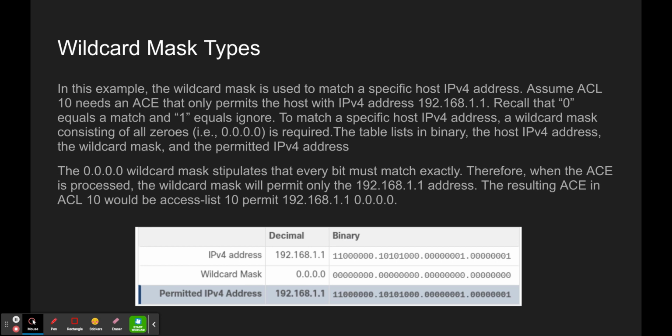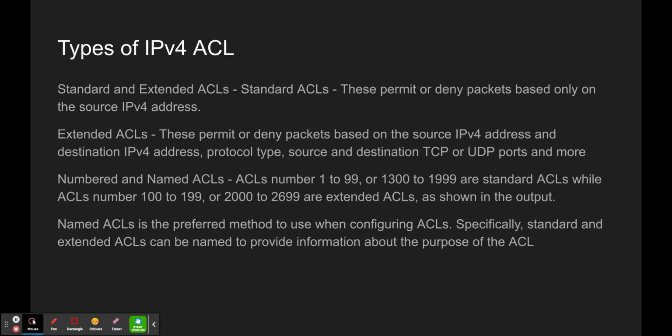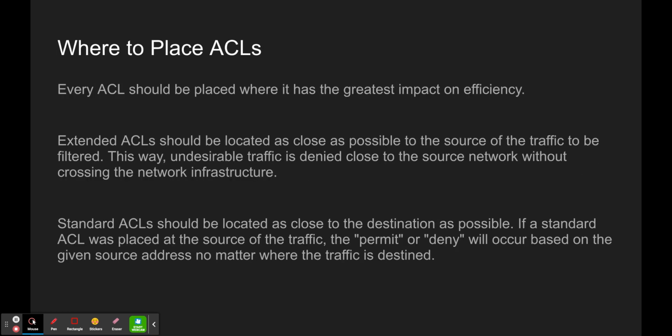The 0.0.0.0 wildcard mask stipulates that every bit must match exactly. Therefore, when the ACE is processed, the wildcard mask will permit only the 192.168.1.1 address. The resulting ACE in ACL 10 would be access-list 10 permit 192.168.1.1 0.0.0.0. We already went over this.